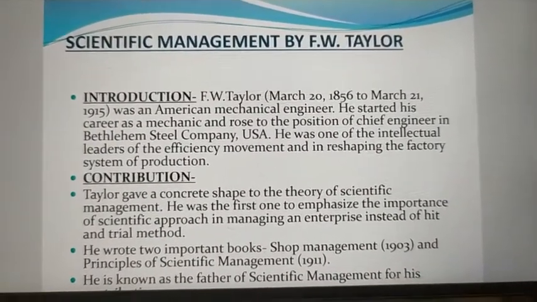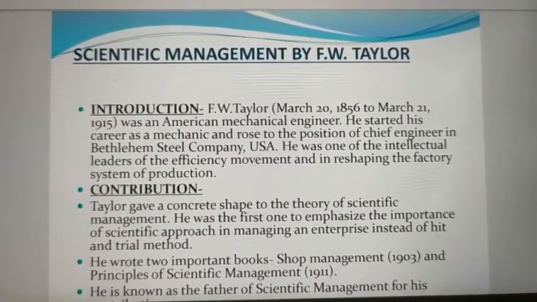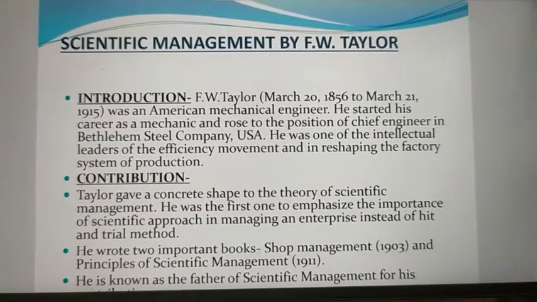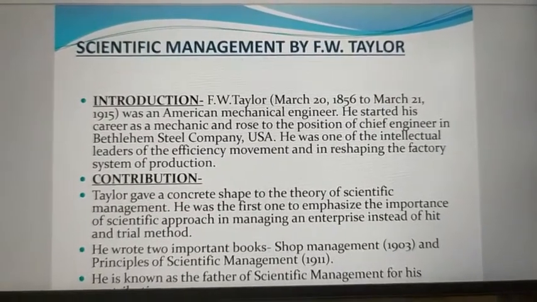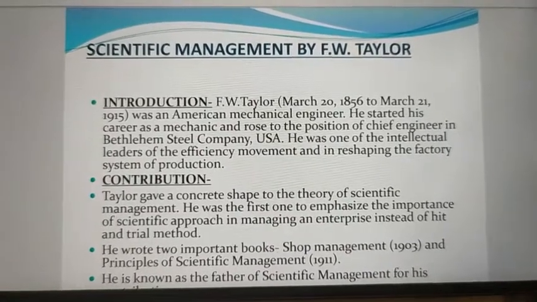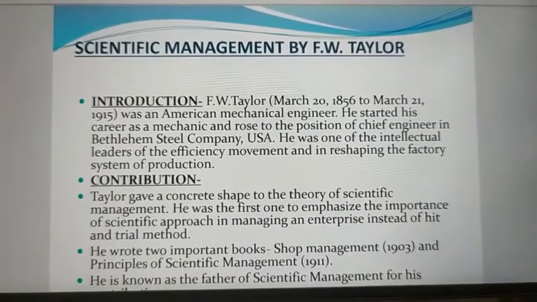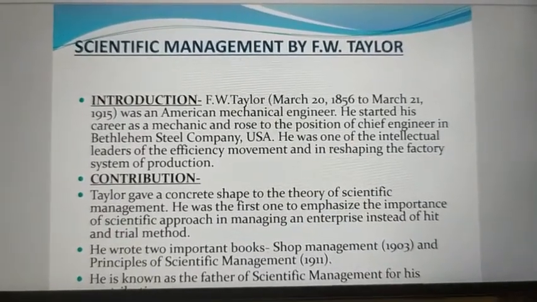So he was one of the intellectual leaders of efficiency movement. He emphasized on the efficiency of workers. He has devised various techniques to bring out the efficiency of the workers, and he has played a very important role in reshaping the factory system of production.